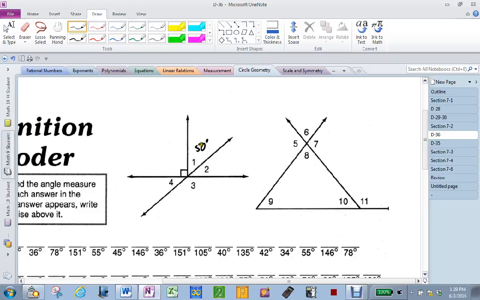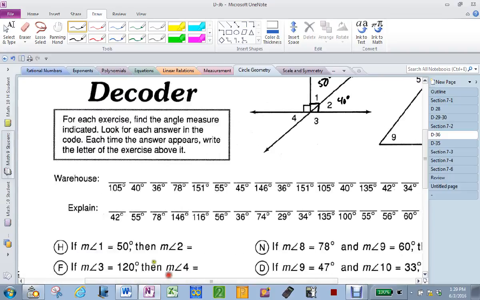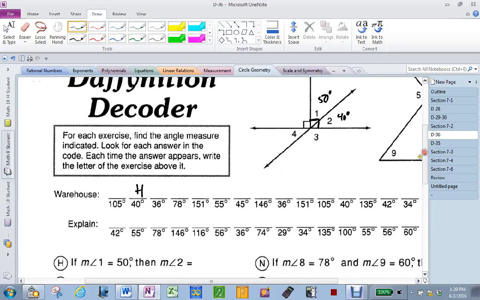So if that's 50, what's 2? 40. Why, Karina? Because this has to be 90, because 90 and 90 is 180. This uses 40 of it, 50 of it, so this has to be 40. Do you understand? So now we would go down here, and 40 would get an H. Cool?